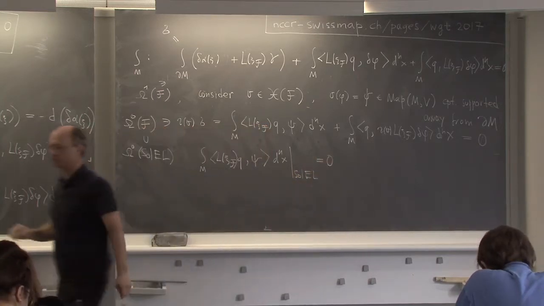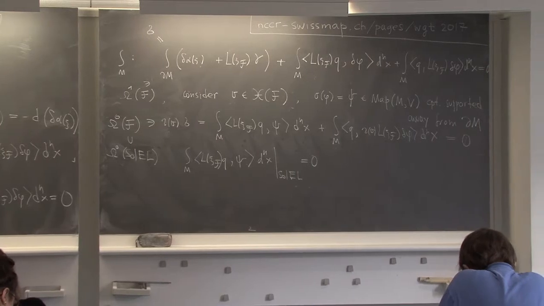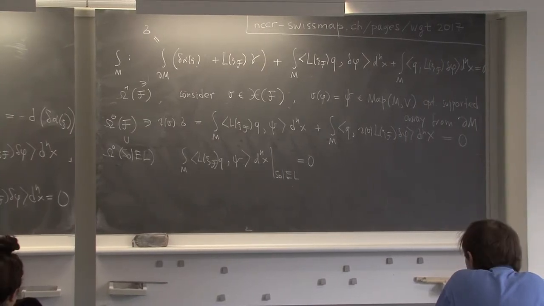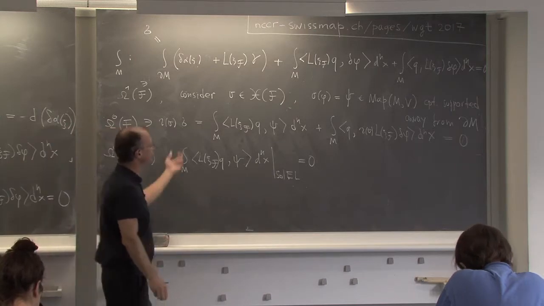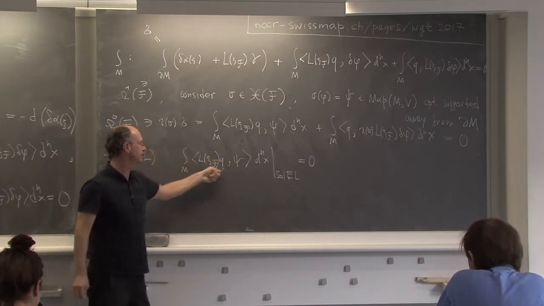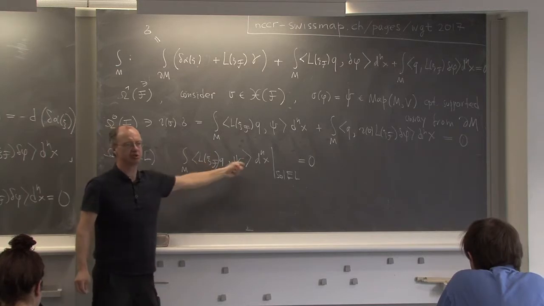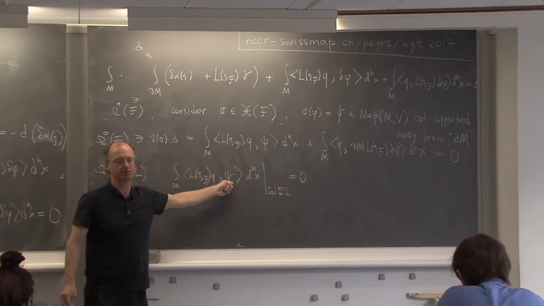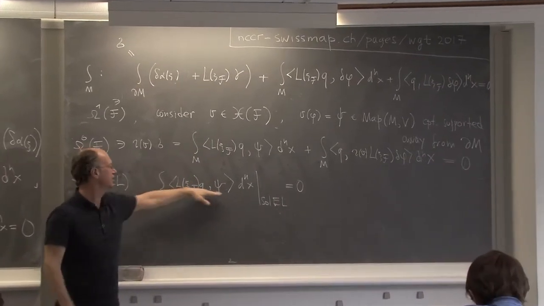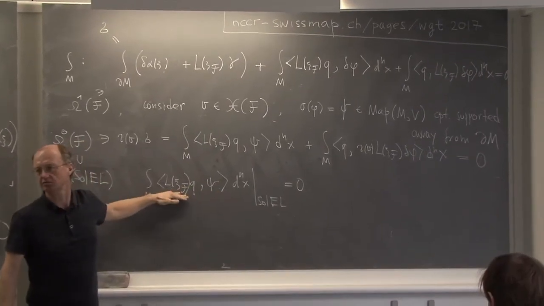Sol L is equal to 0. But now we see that the pairing of this expression with an arbitrary map psi, which is compactly supported away from the boundary, is 0.